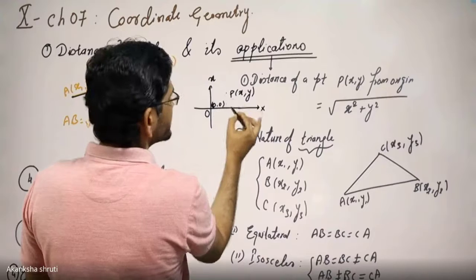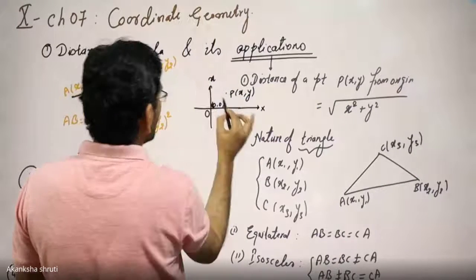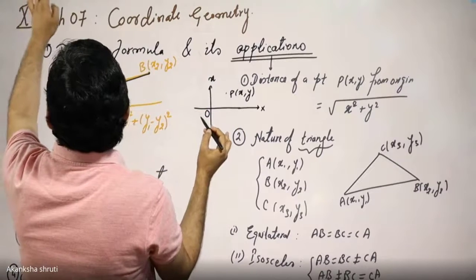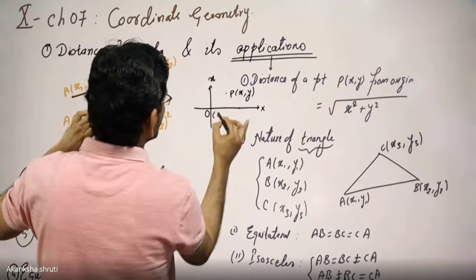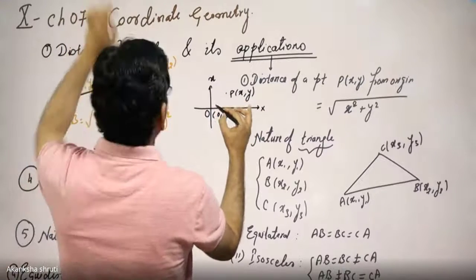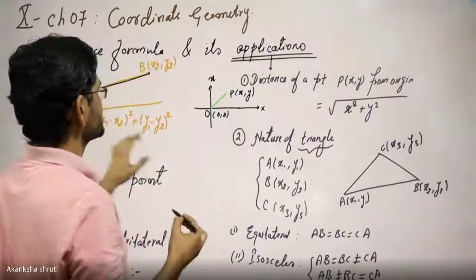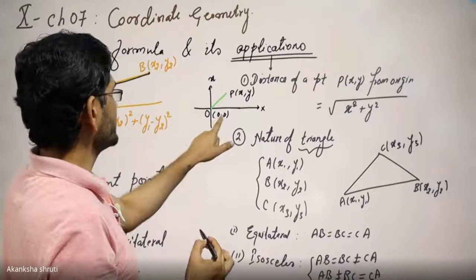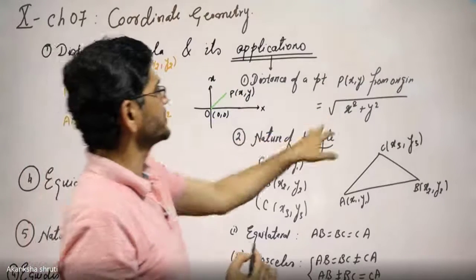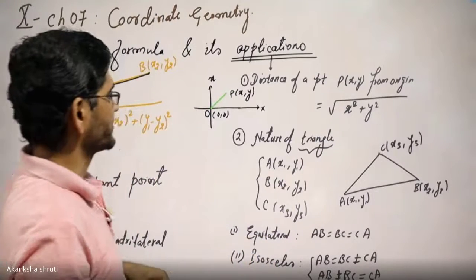The distance of point P from the origin is nothing but the distance between 0, 0 and x, y. Substituting one point as 0, 0 and the other as x, y, we get the square root of x square plus y square.